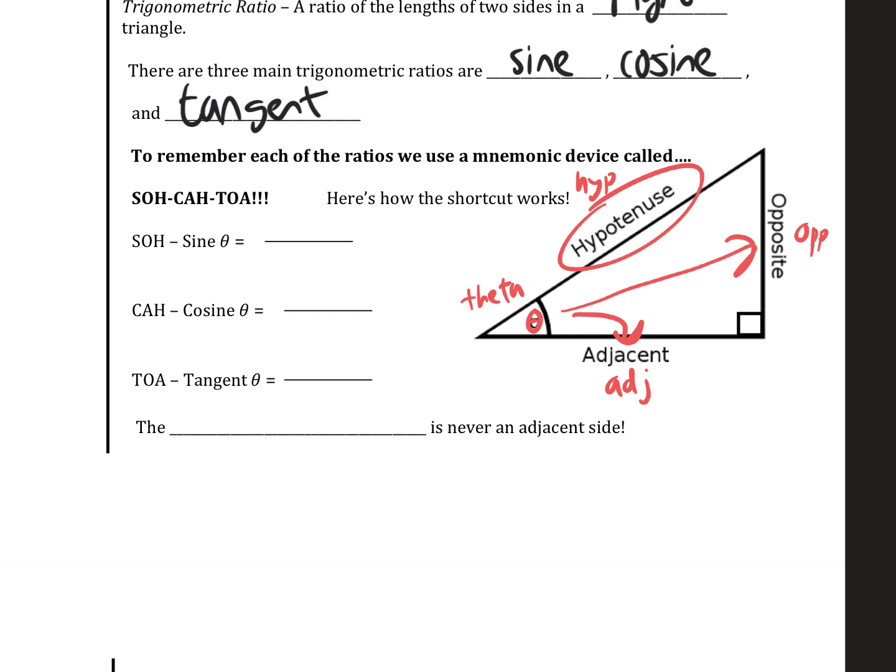For sine, what do you think the O and the H stand for? It's going to be opposite over hypotenuse. That's literally all it is. I'm going to write it out. What do you think cosine stands for? It's going to be adjacent over hypotenuse.